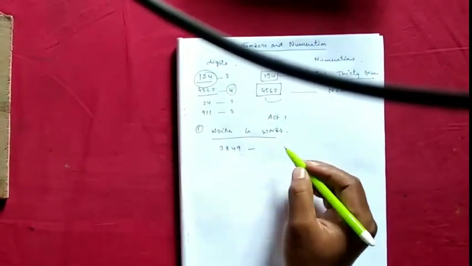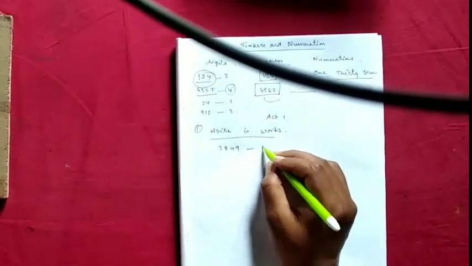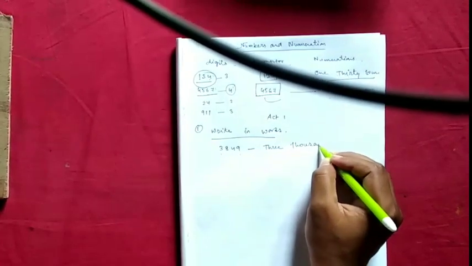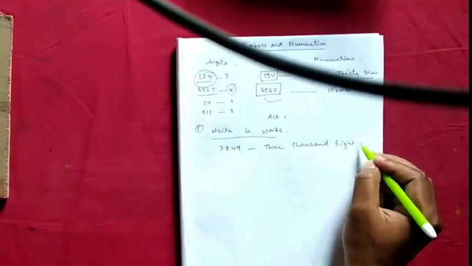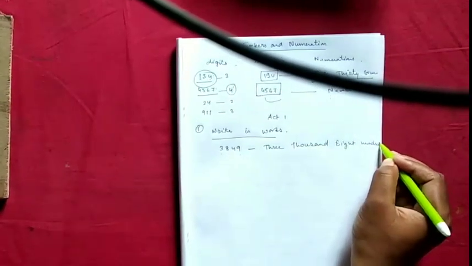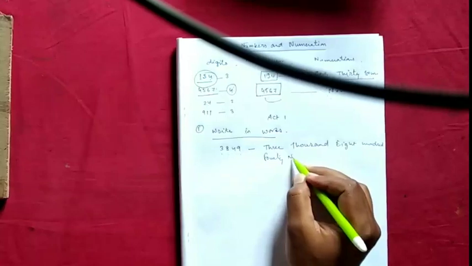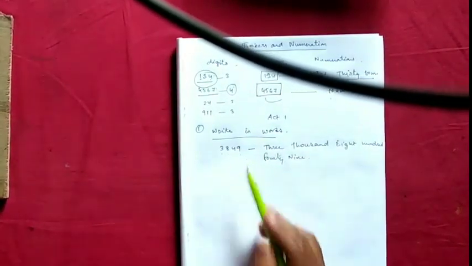So you have to write the number names or words. This is called numeration. This is called written in words.